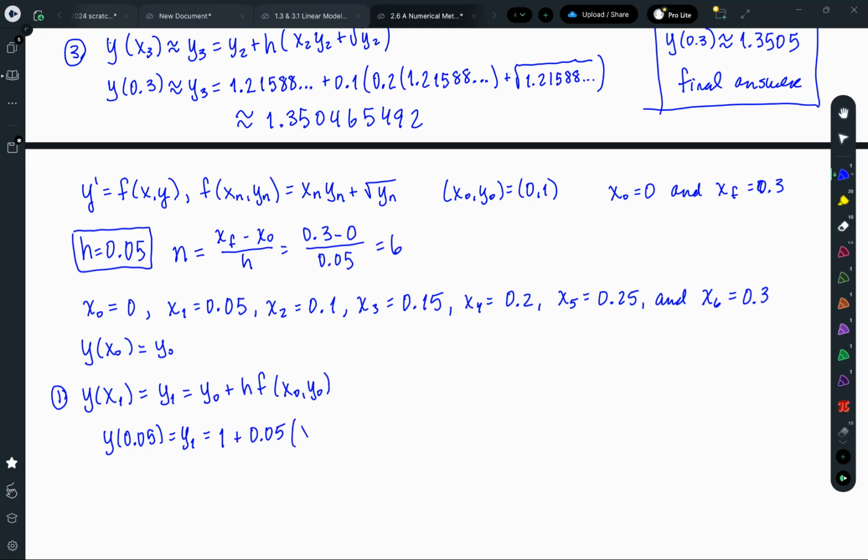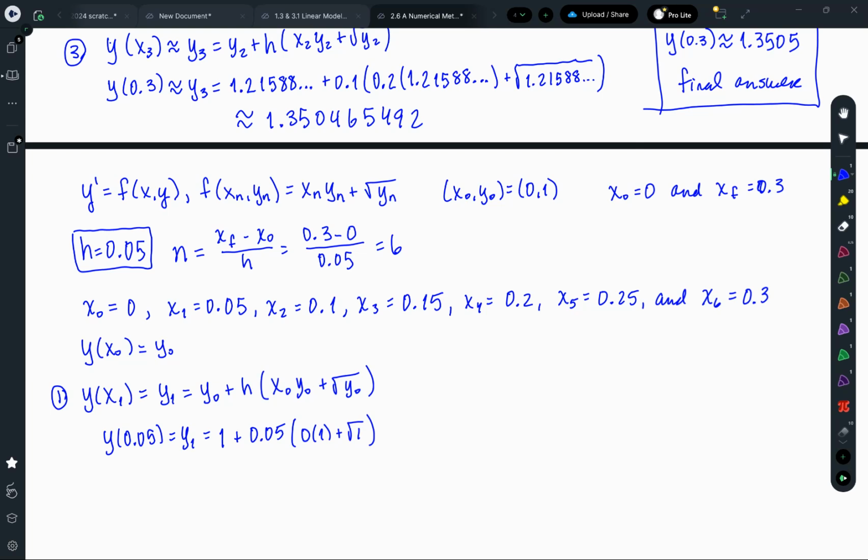Oh, you know what? I wanted to rewrite that up there. Instead of writing f of x naught, y naught, I should write the actual function: x naught times y naught plus the square root of y naught. Okay, now when I plug those in, I have 0 times 1 plus the square root of 1.